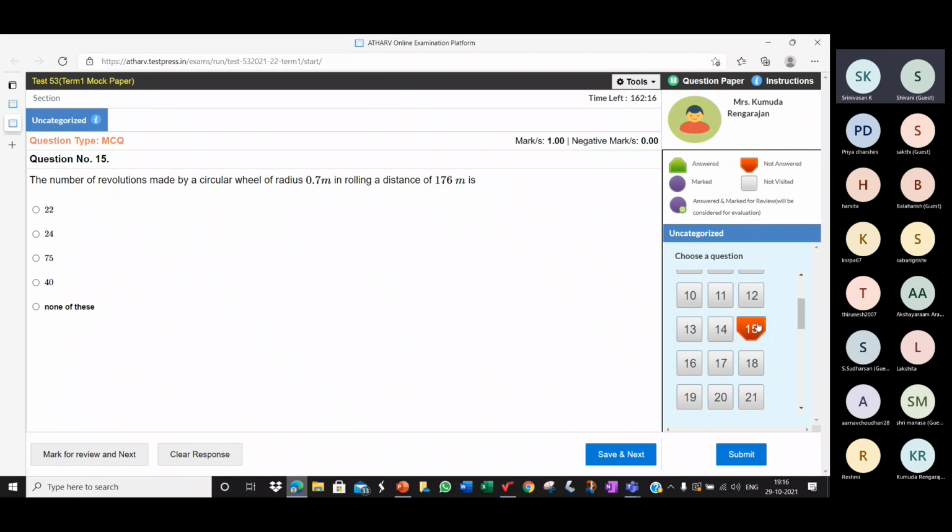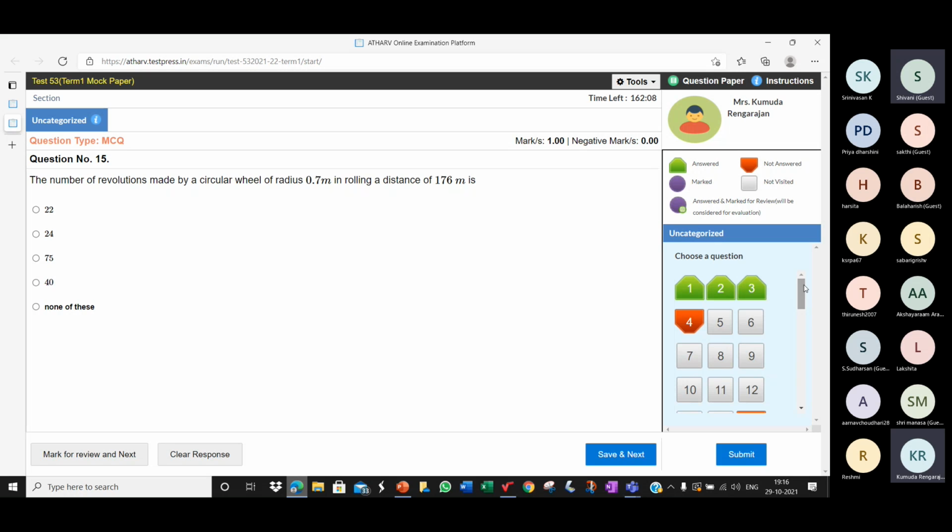This one is new, ma'am. Okay, yeah. Maybe few are like that. Let's see. The sample paper released by the board, so probably teachers have discussed in the class.